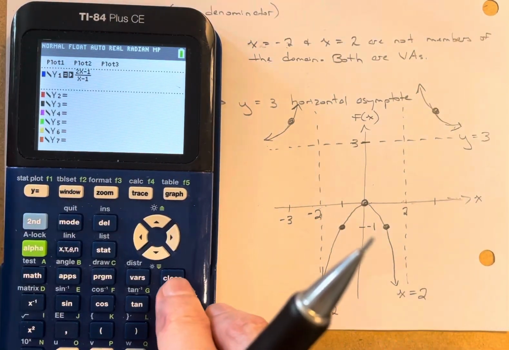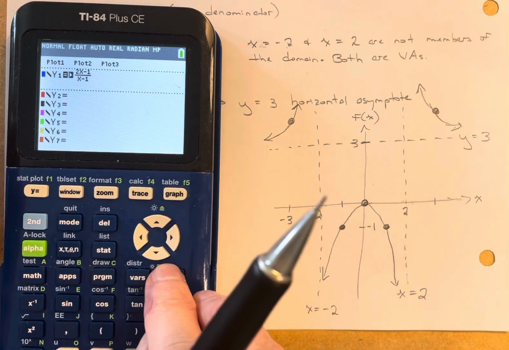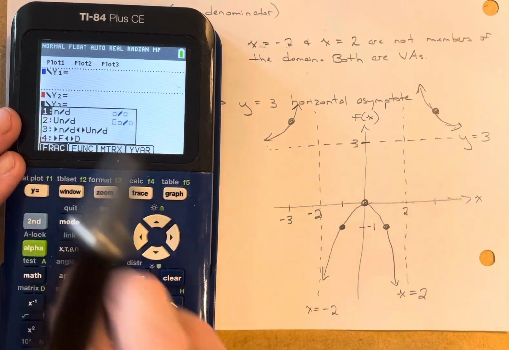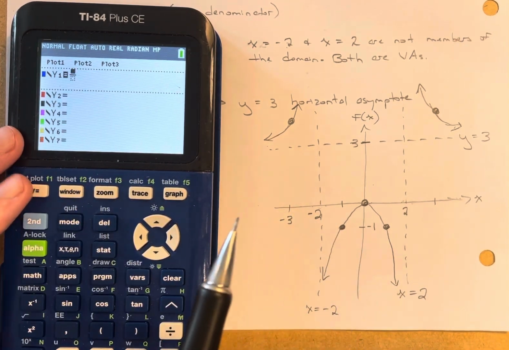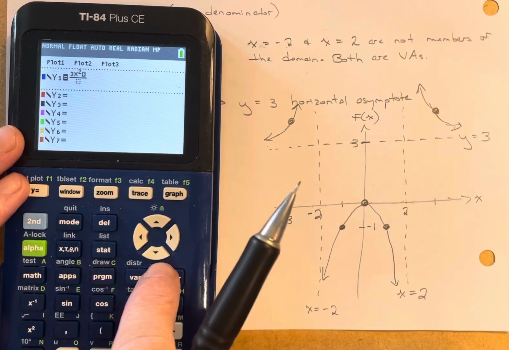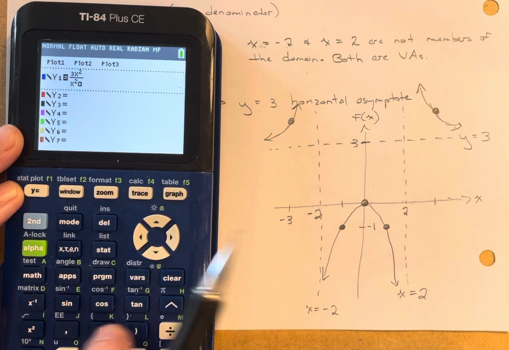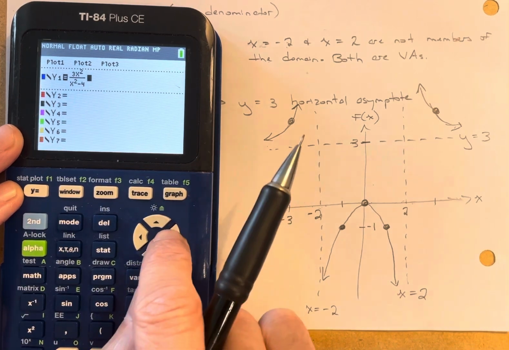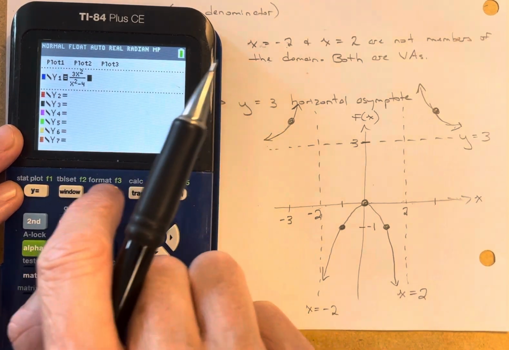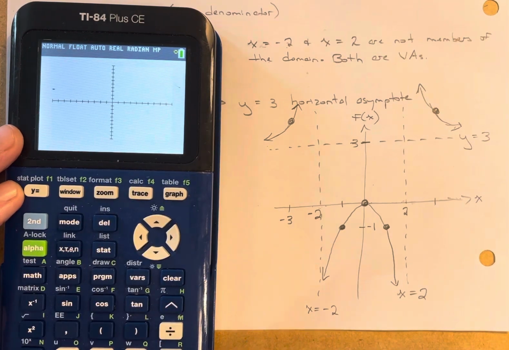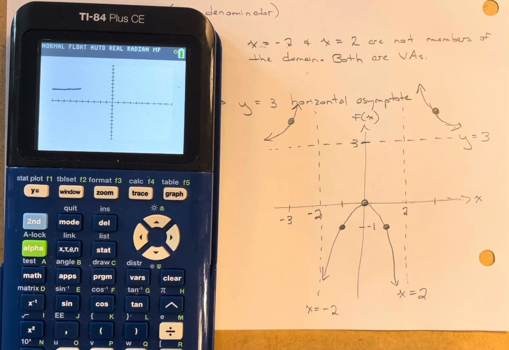Okay, let's clear this out and go back into here, and I know I'm doing y equals 3x squared divided by x squared minus 4. And let's zoom to my standard window again, and let's see what's happening. So there we go. I got the top corners correct.